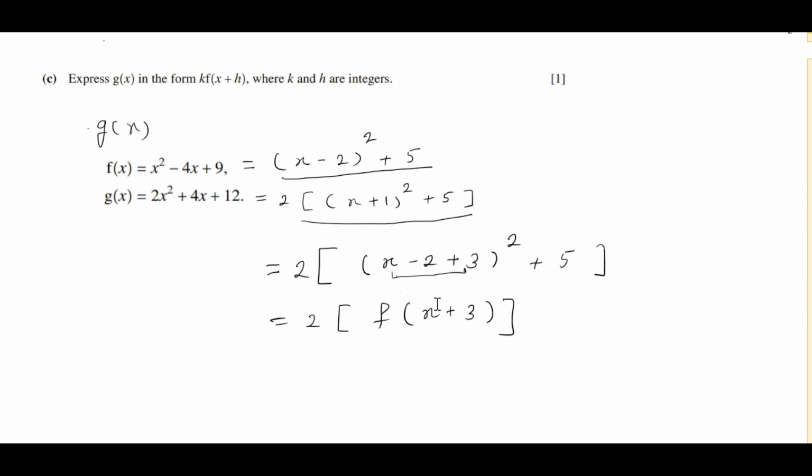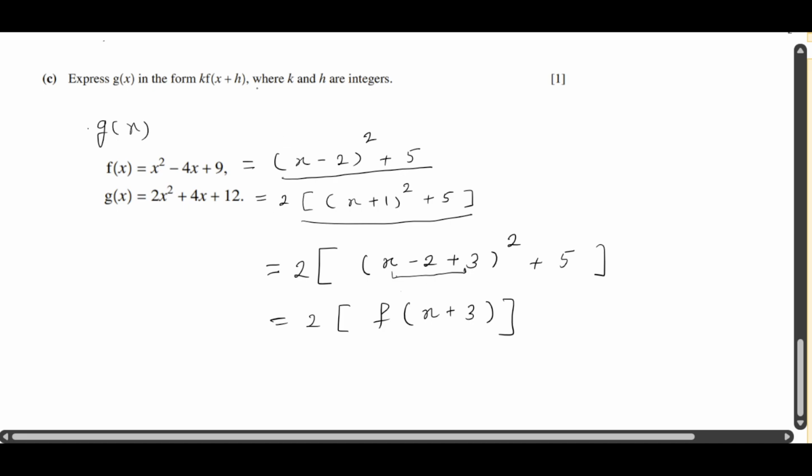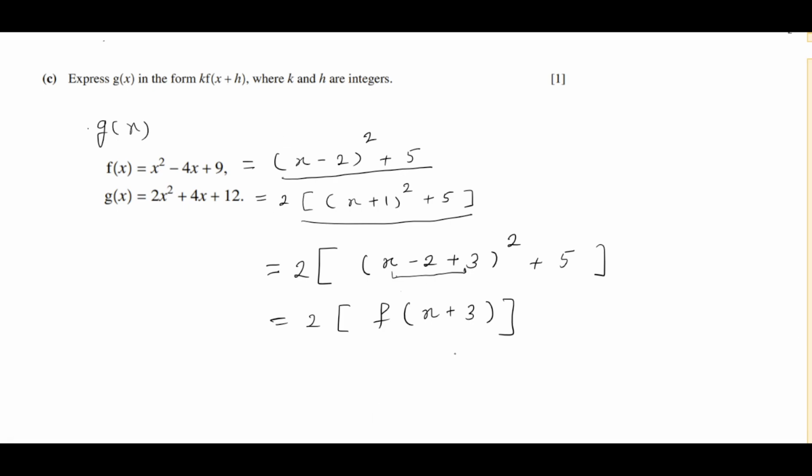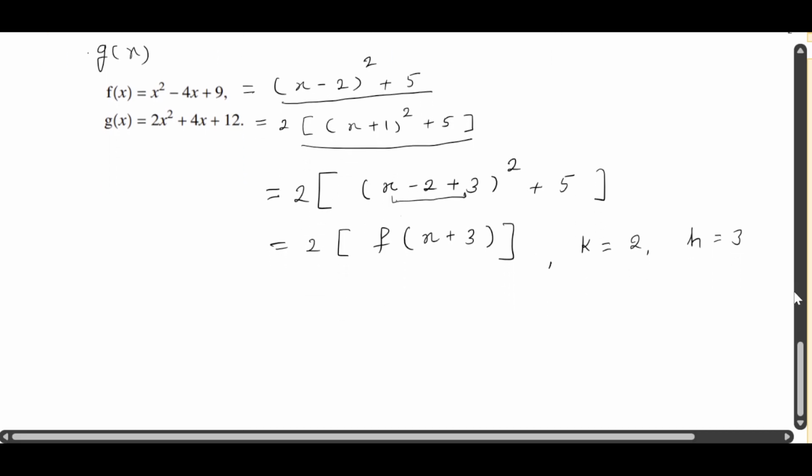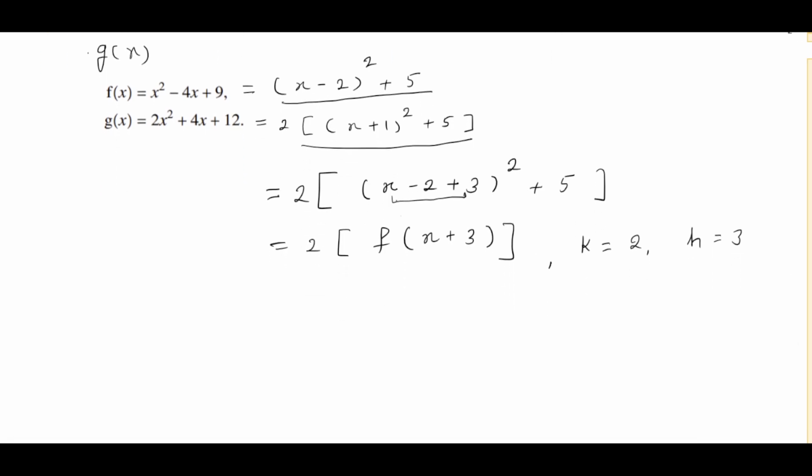Rest all is okay. x is replaced by x plus 3. So I will say that 2 times f of x plus 3. So this is your answer. Got it? So k and h. So accordingly here we can say that k is 2 and h is 3. Okay, nice question. Now we will move to the next question, which is D.